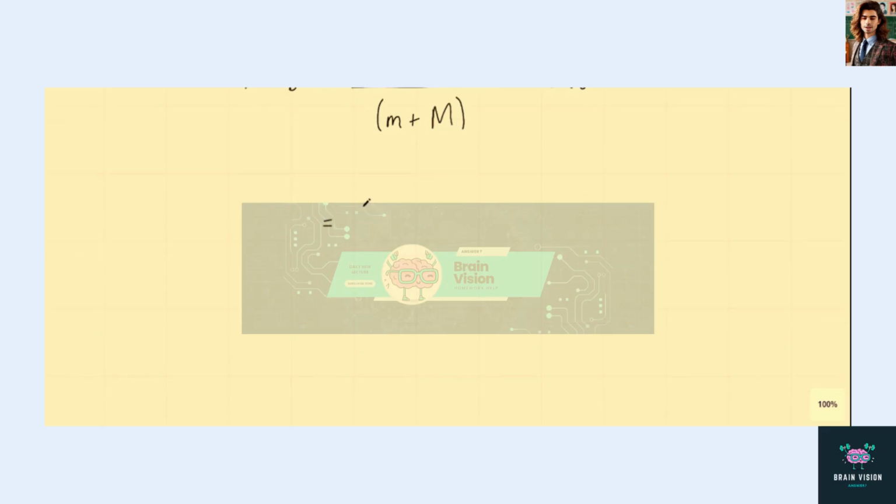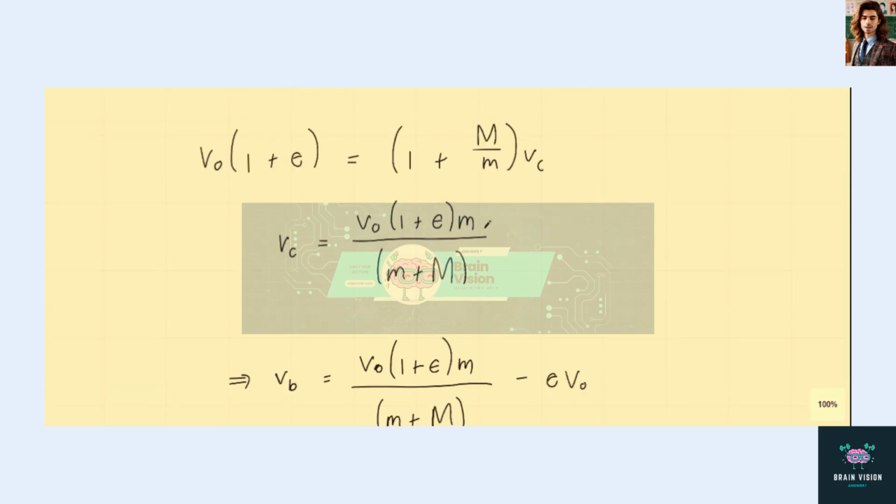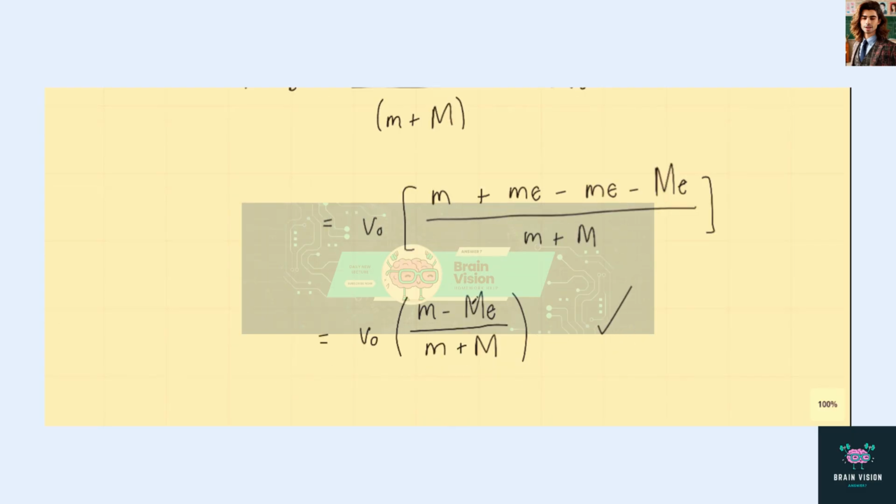And so we can simplify this as v0 into m plus m e minus m e minus capital M times e, all over little m plus big M. And so this simplifies even further into v0 times m minus big M times e, over little m plus big M. So here we have the velocity of the ball and the velocity of the cart, vb and vc, after the first collision.